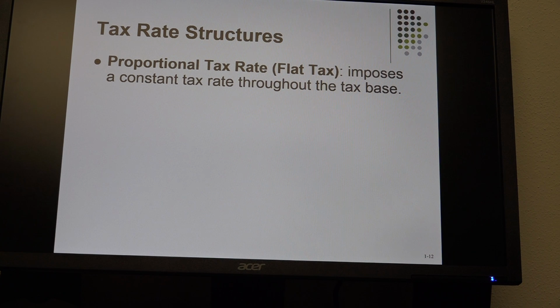But flat tax would simply be the tax rate times taxable income. And it's a constant tax rate throughout the tax base. Very simple to figure out, probably save billions of dollars in collection costs and fees charged by professionals and all that junk.